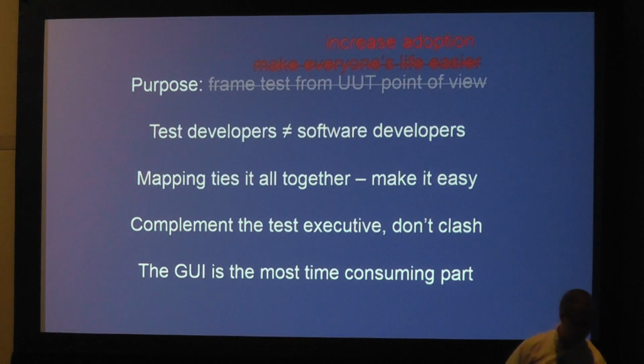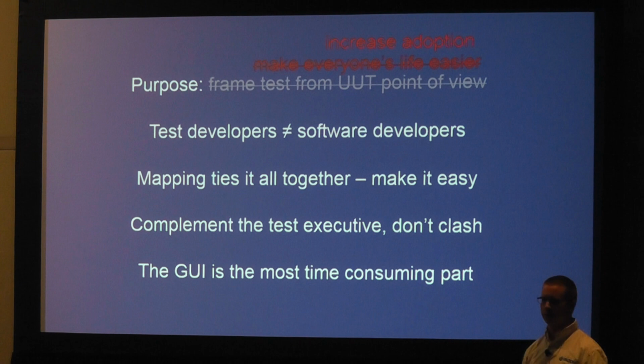So just to recap, pretty quick. The purpose is really to increase adoption. If you're creating a large-scale hardware measurement abstraction layer, it really only pays off as that test developer curve goes higher and higher. And so in order to increase adoption, you have to reduce the learning curve, you have to make it much easier to use, and you need it to mesh well with all of the other features of the framework or of the test executive.